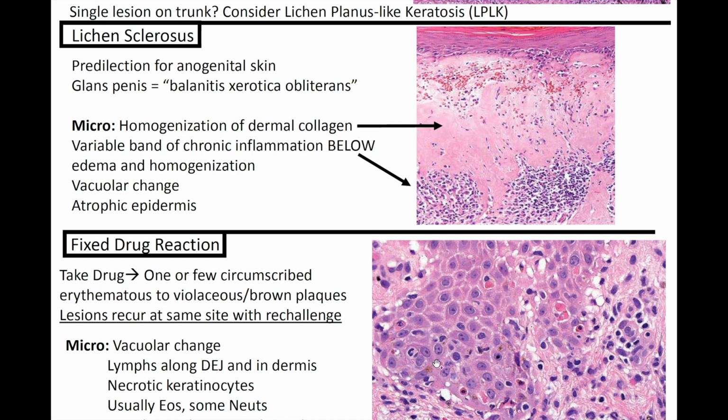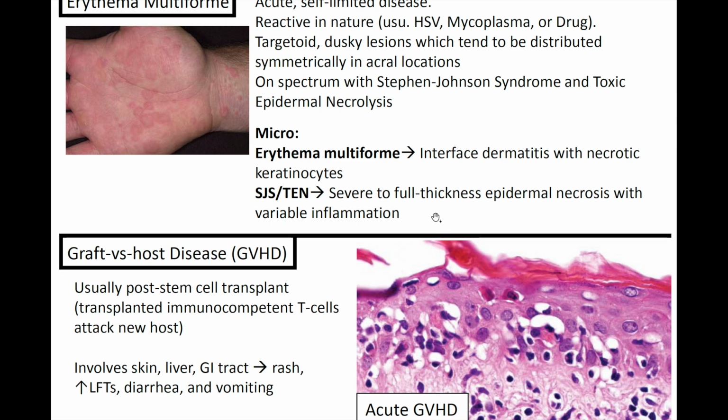And microscopically, we're going to have that vacuolar change, which we see here, these little vacuoles. Lymphs along the dermoepidermal junction and in the dermis. Necrotic keratinocytes, usually eosinophils, some neutrophils, and then prominent pigmentary incontinence or pigment incontinence, which you can also see in lichen planus and other entities.